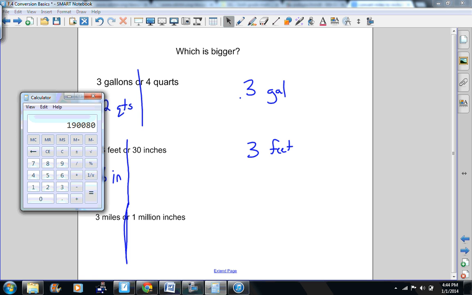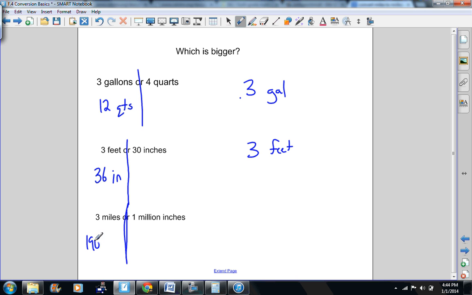That's 190,000 inches. But 1 million inches is bigger. That one is larger. All right, so that's how you do those types of examples. You convert them to the same type of measurement, and then you decide which of those two things is bigger.